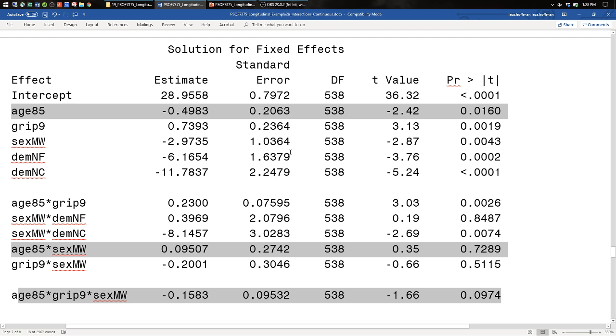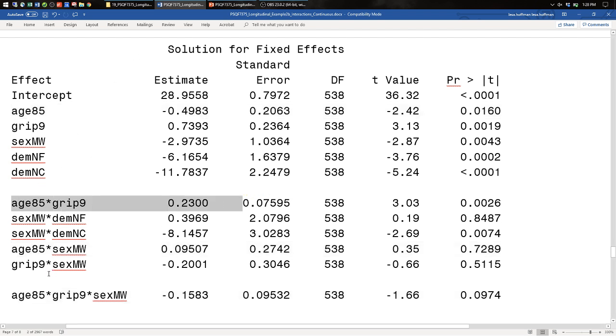So which way you go through these, entirely up to you. It's sometimes easier, I think, to think about this two-way interaction and how it varies by gender. I think that's probably the most natural for me, but it's up to you.